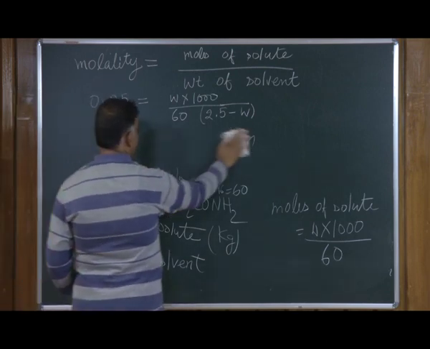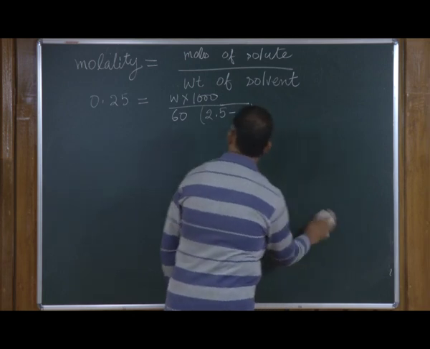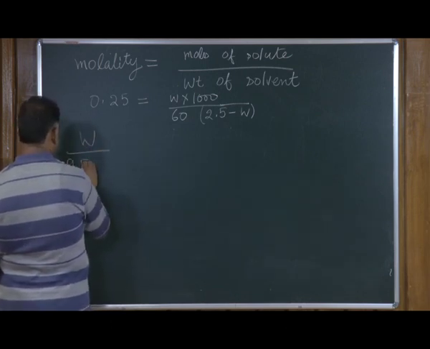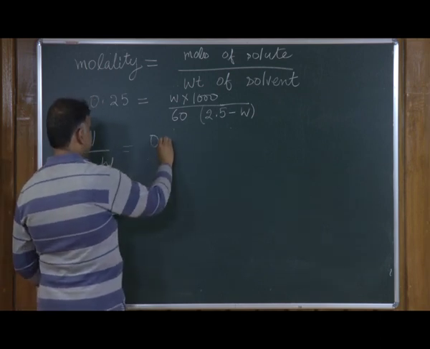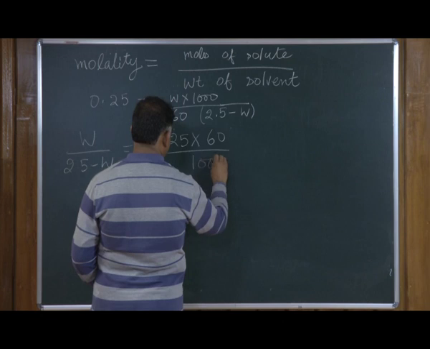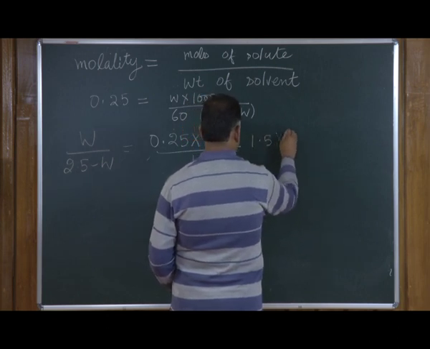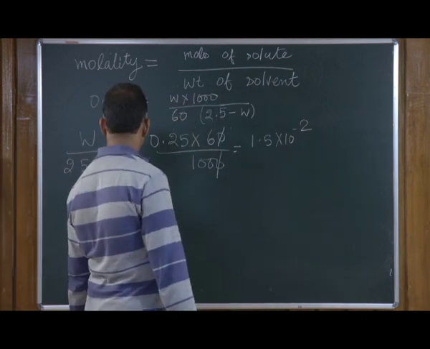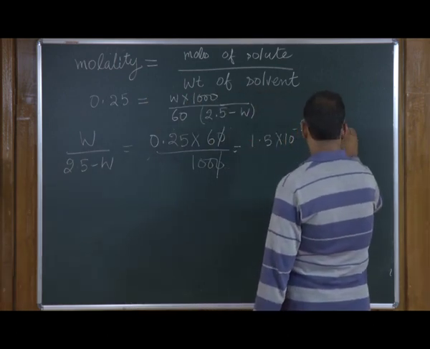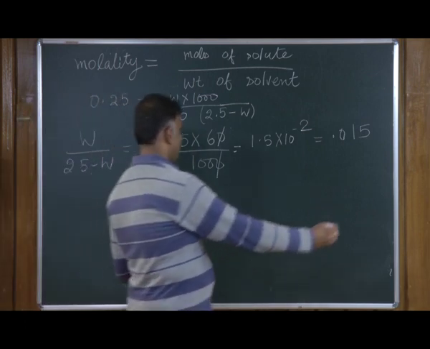So, we have one equation and one unknown, that is W. Simplifying this a little bit, we get W divided by 2.5 minus W is equal to 0.25 into 60 by 1000, which is 1.5 into 10 power minus 2, that is 0.015.